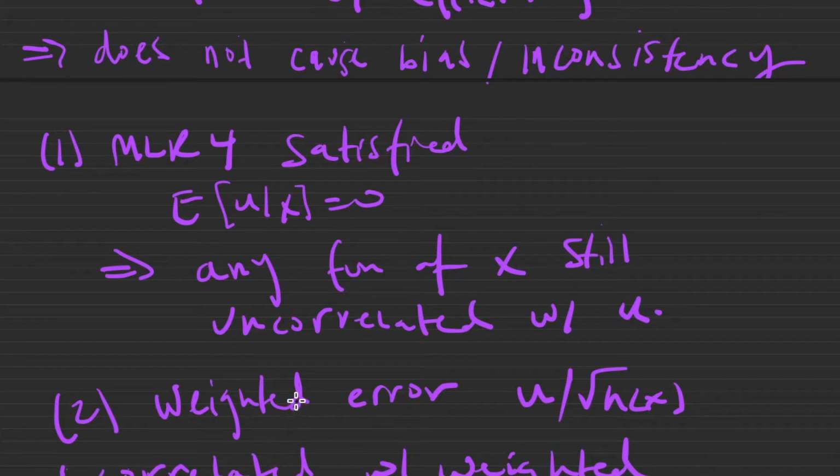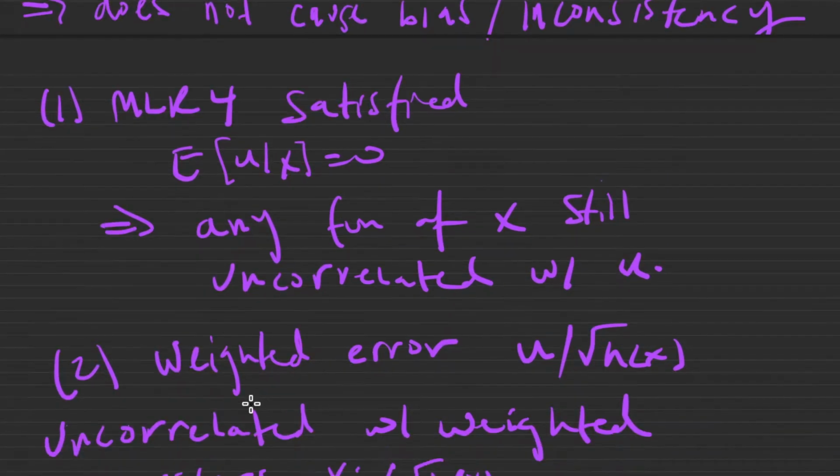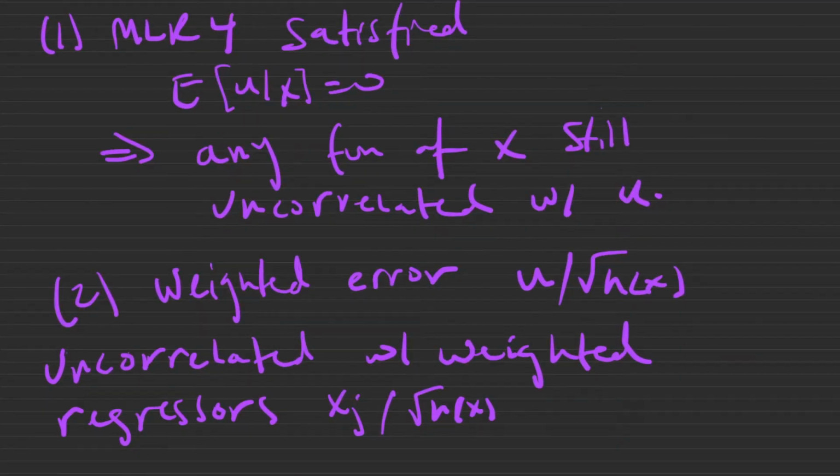So as our weighted error is still uncorrelated with the weighted regressors, a result of any function of x still being uncorrelated with u, this gives us the result that misspecification in h of x will not cause bias or inconsistency.